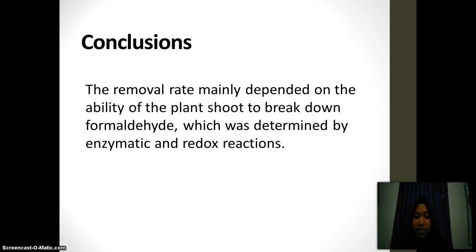The redox reaction mechanism dominates the ability of P. asiatica, and besides that, T. mongolicum dominantly uses enzymatic reaction to break down formaldehyde.